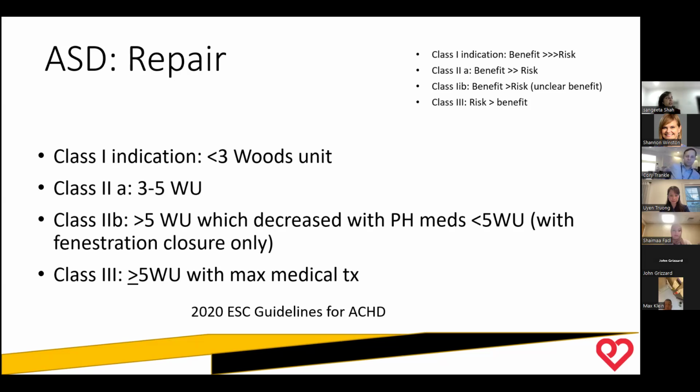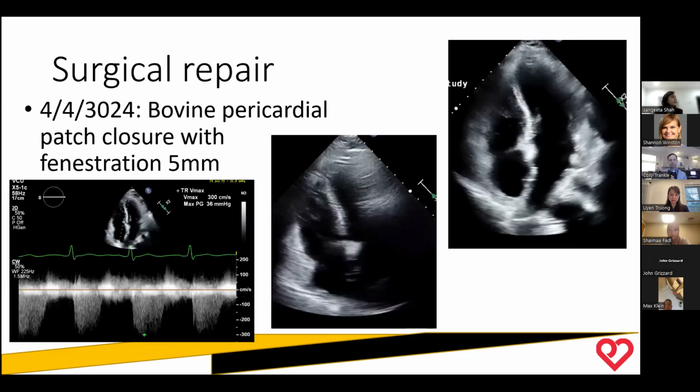When you get to class 2B and your PVR is greater than 5, which decreases with pulmonary hypertension medicines to less than 5, then you should close it with a fenestration. And the risk and benefit is unclear, and you have to be at a really strong center to pull this off. So she fits actually class 2B. And if it's greater than 5 Wood units, please be careful.